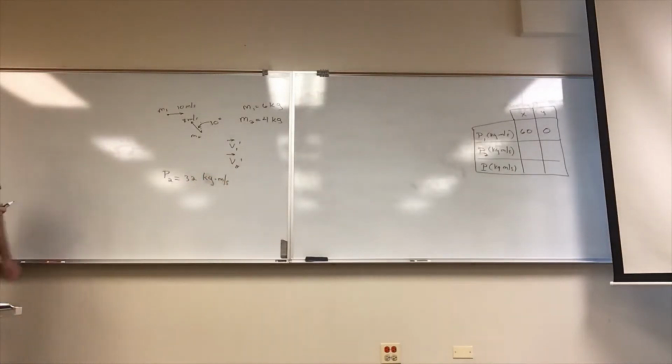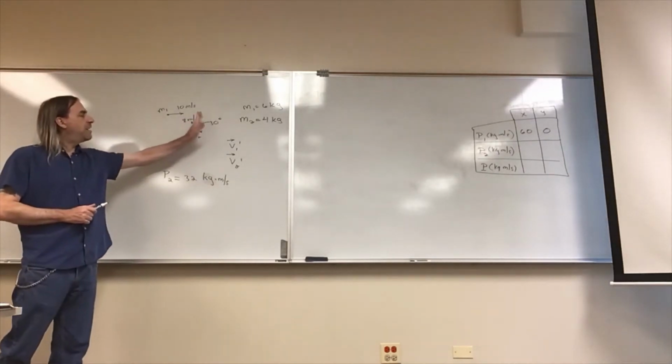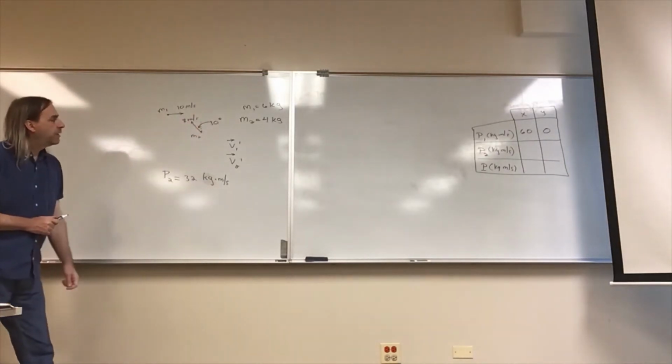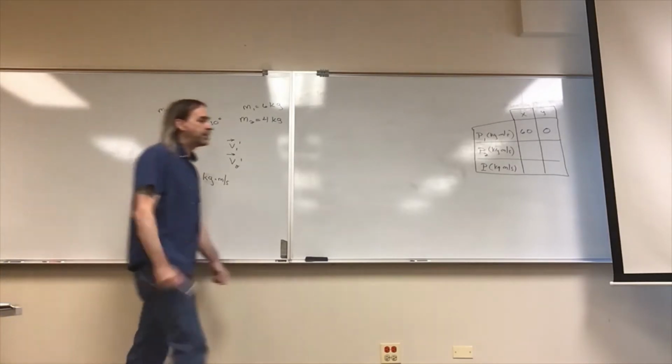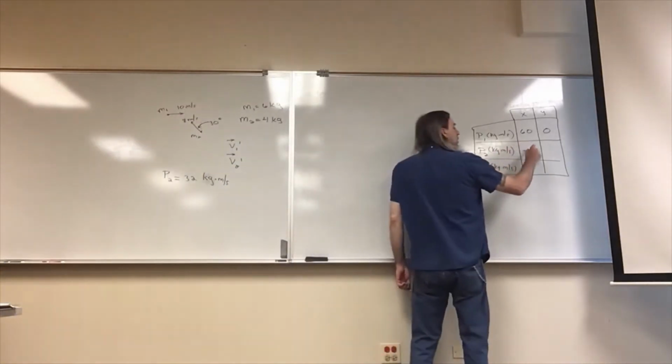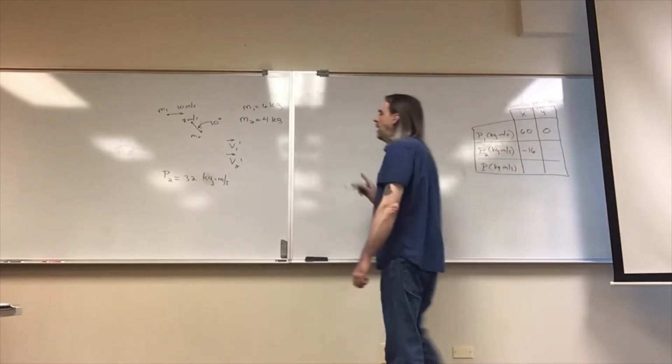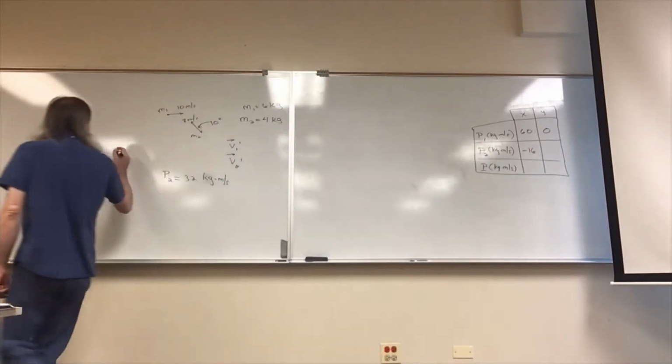And we have an angle of 30 degrees, so sine of 30 is 1/2. So that would be 16 in the x direction, or minus 16 in the x direction. Cosine of 30 is around 0.87.